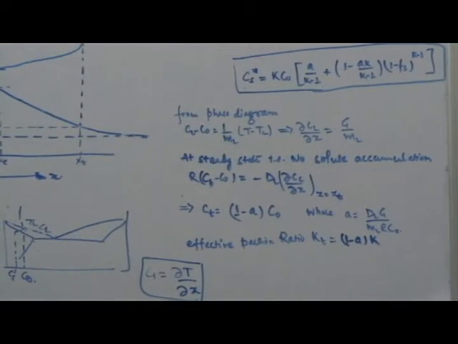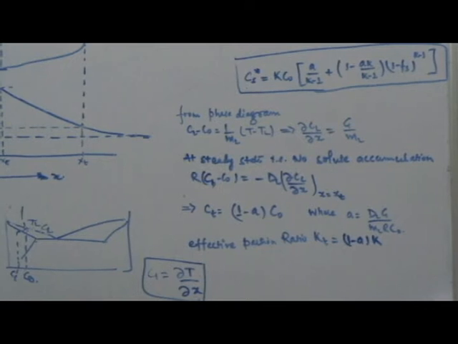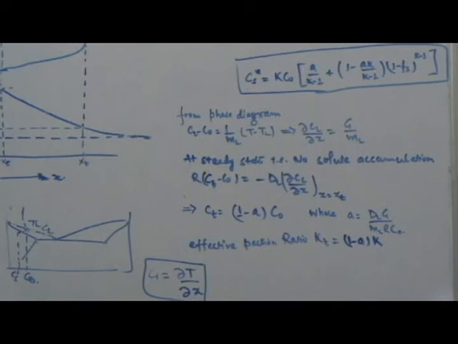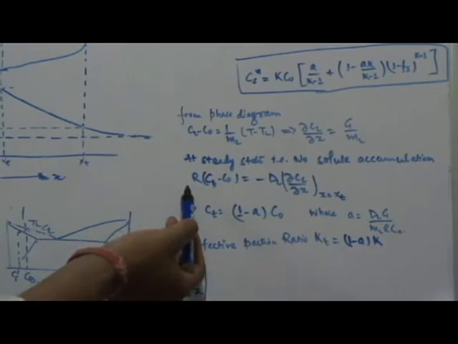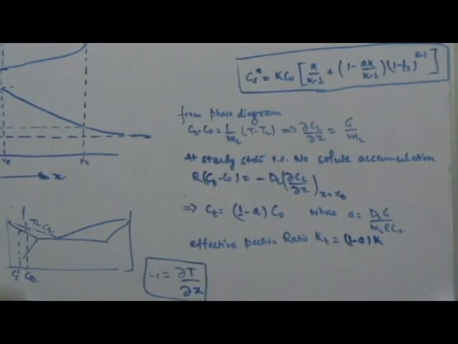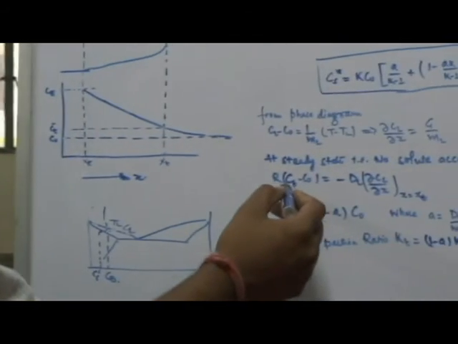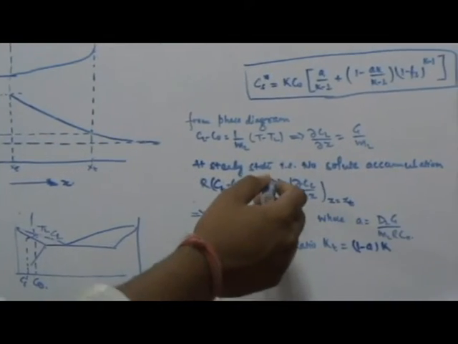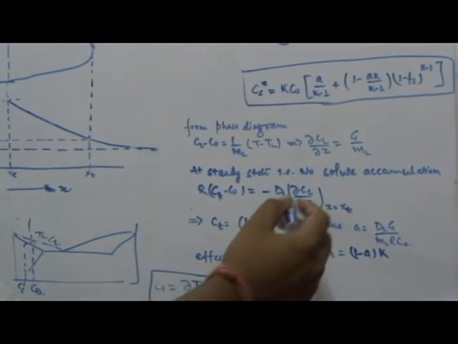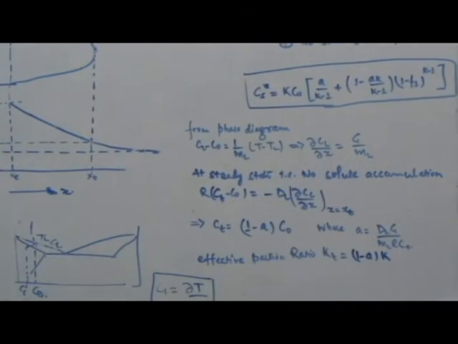Also, from the steady state equation, there should not be any solute accumulation, which implies that R, where R is the velocity of this interface, the velocity at which this interface moves, times Cl minus C naught equals minus D L del Cl by del x. This is the relation that we obtain from Fick's law.